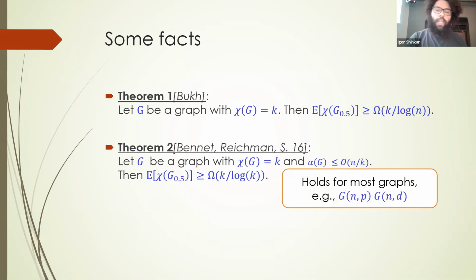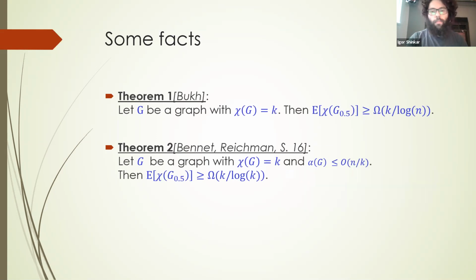Well-behaved means that if you take G and P or G and D with the right parameters, then the chromatic number will be close to K, and also the chromatic number times the independence number is approximately N.